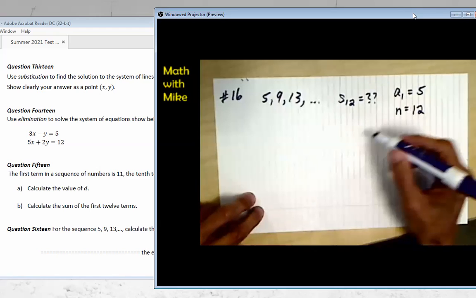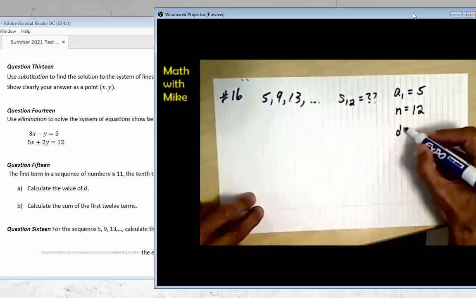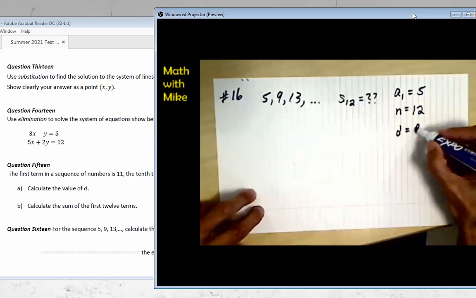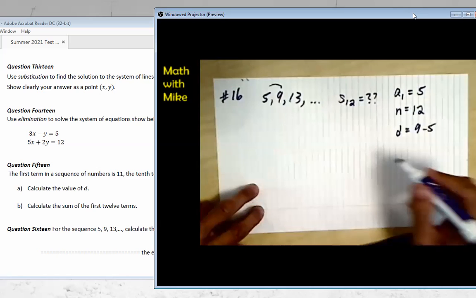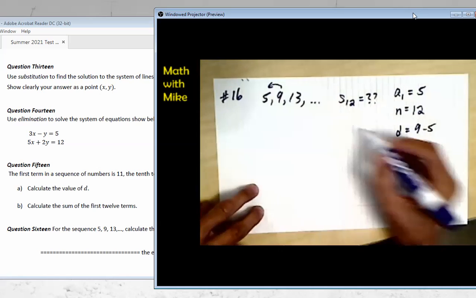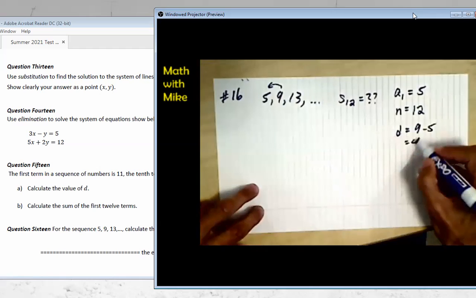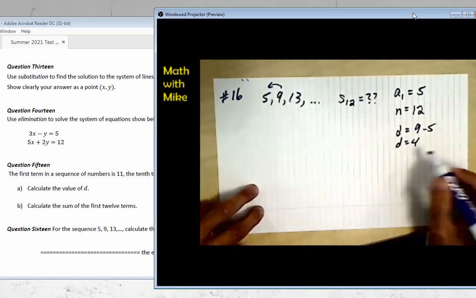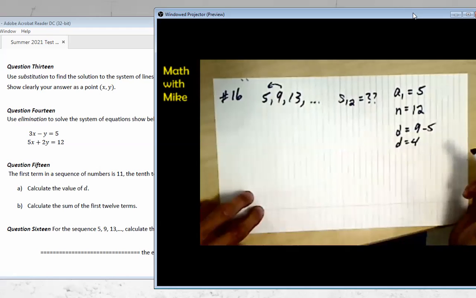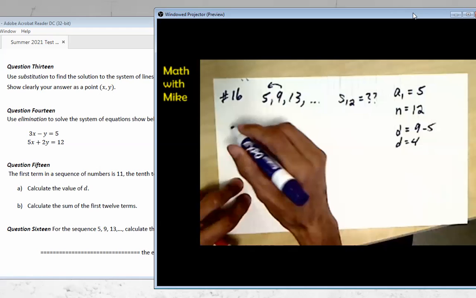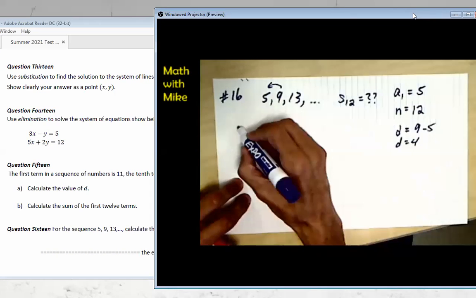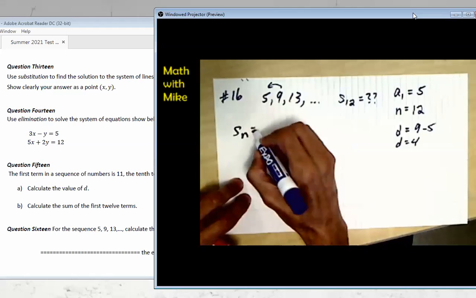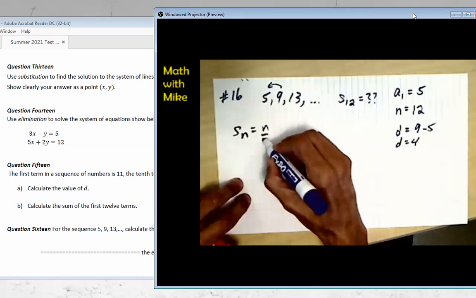What's D equal to? 4 for sure. You take a number and subtract the number in front of it, and so D will be equal to 4. That's what we got. So then, do we have the last term? No. So we end up using the same style formula as the earlier question, number 15.